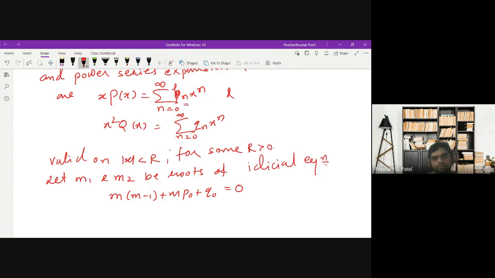P0 and Q0 are obtained when we substitute n equal to 0. So this is the indicial equation we have, and m1 and m2 are the roots of this equation. That is what I am assuming.